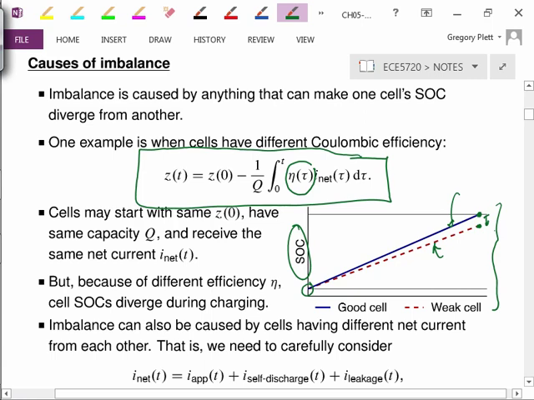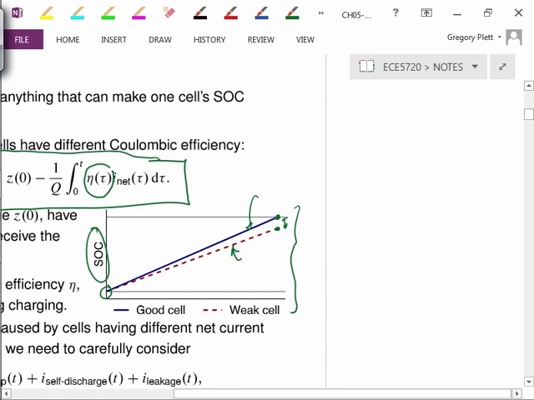And so you can imagine if I were to continue by then discharging, well, both of them have exactly the same coulombic efficiency on discharge. So the distance between these cells remains the same, but next time I charge, the strong cell charges better than that one does, and well, it doesn't last that long, does it now?